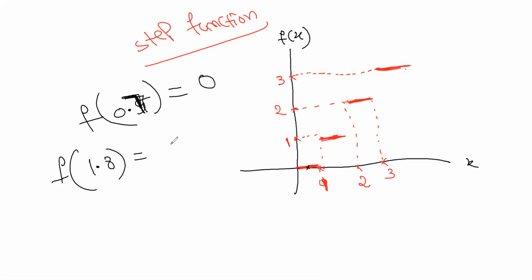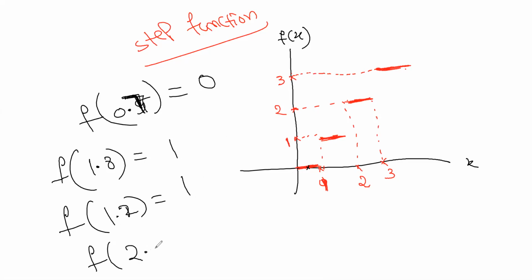1. F of 1.2? It's still 1, right? F of 2.4? Or 2. When you observe this clearly, 0.7 is a decimal, 0 is the whole part, 7 is the decimal part.